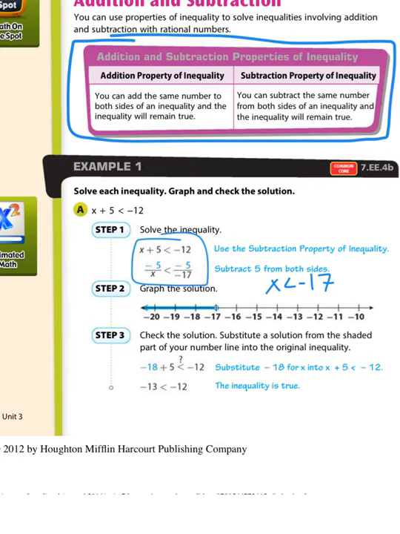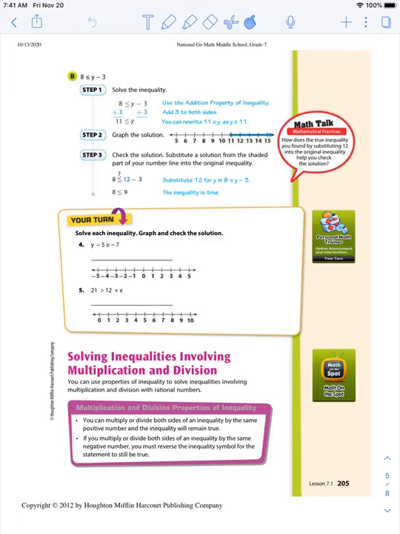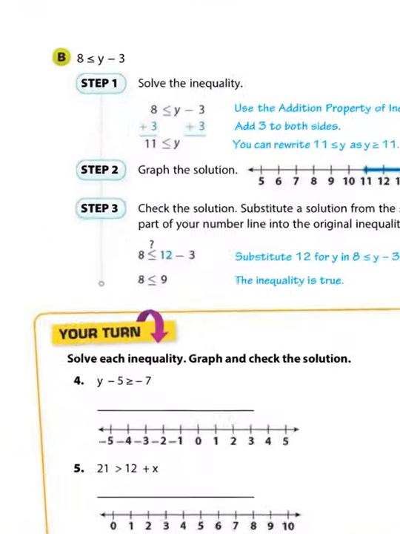We will do that after we cover the multiplication and division. But the concept of this page is you can add or subtract to a variable if you do it to both sides of the inequality, and it is still the same. So we can solve for a variable the same way that we would in an equation if there's only addition and subtraction.